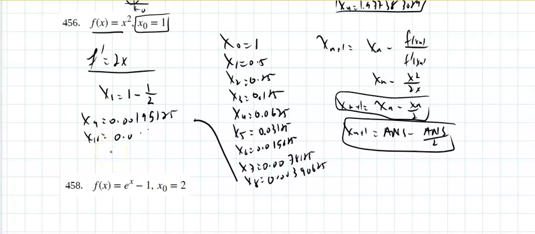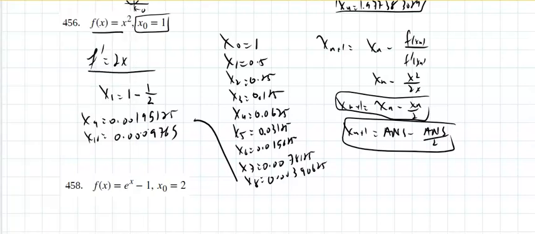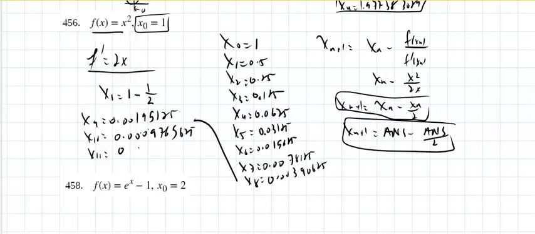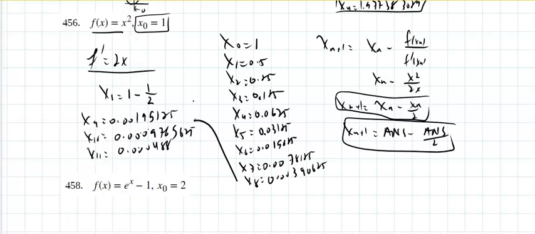0.000 9765625. X sub 11 is 0.000488. Okay, X sub 12 is 0.000, 3 zeros and a 2.